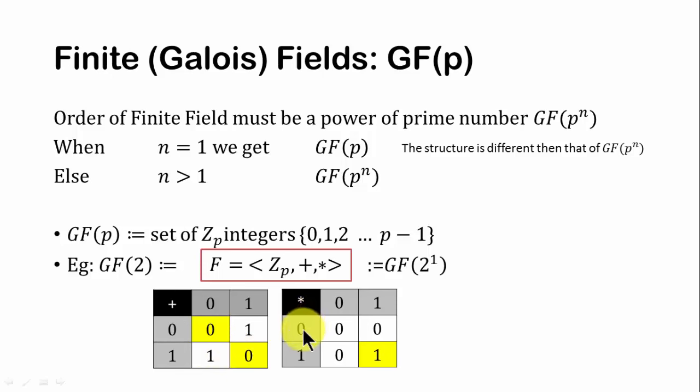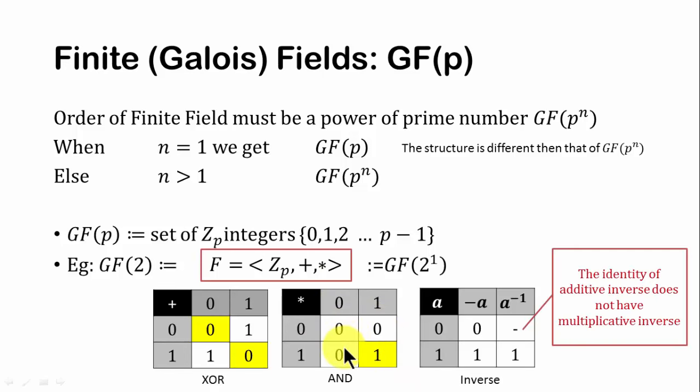In the multiplication table, 0 0 results in 0, 0 1 also results in 0, 1 0 results in 0, 1 1 results in 1, and this resembles the AND table that we have. So the multiplication operation is mostly AND, and addition is the XOR operation.